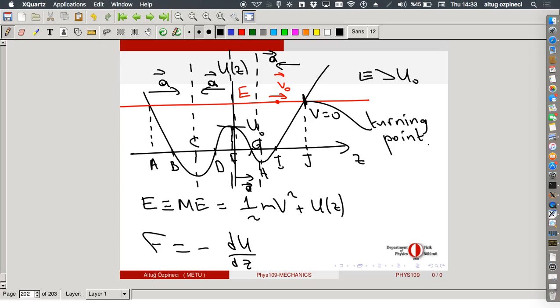This is another turning point. So at this energy, my object has 2 turning points. So it will just move between these 2 points.